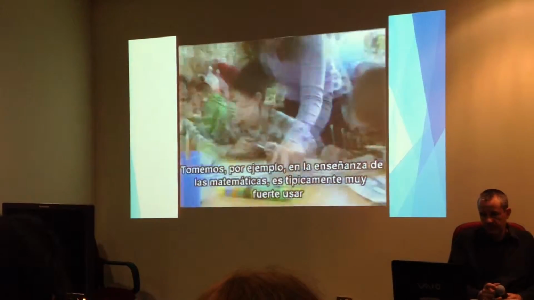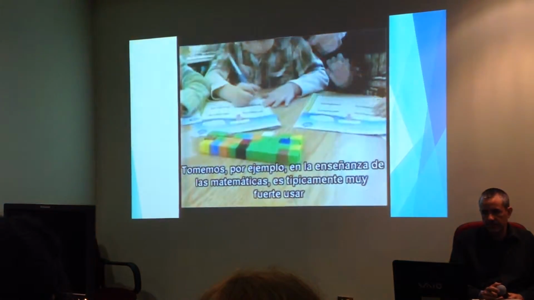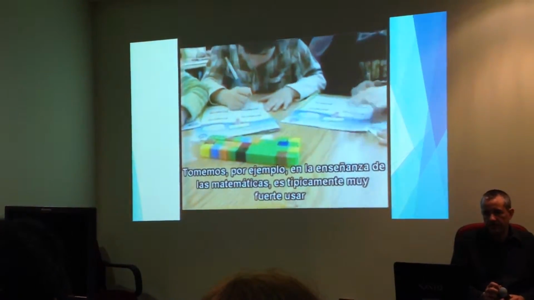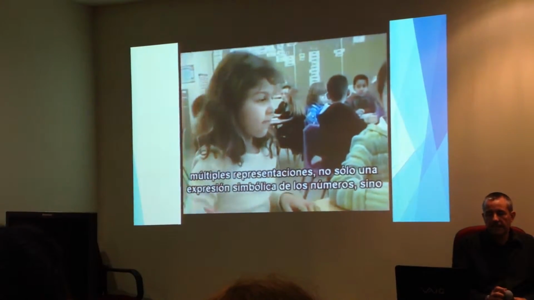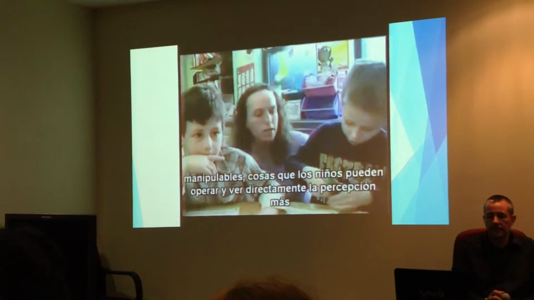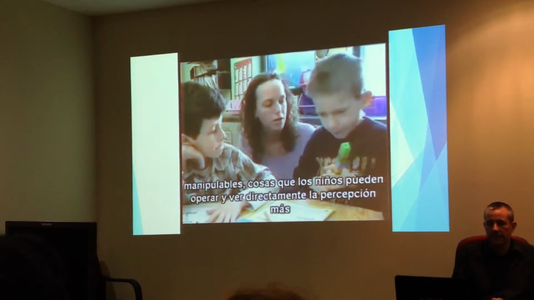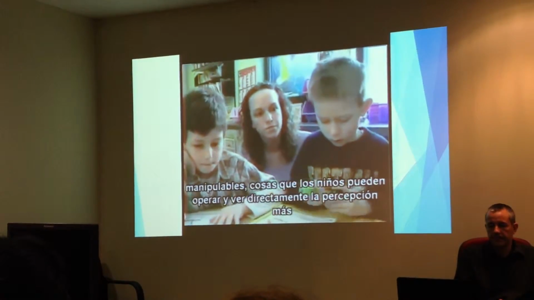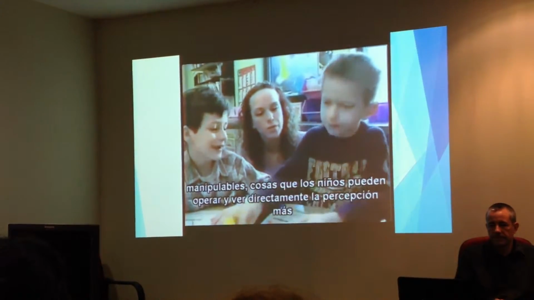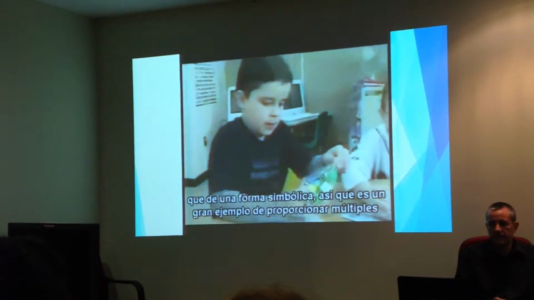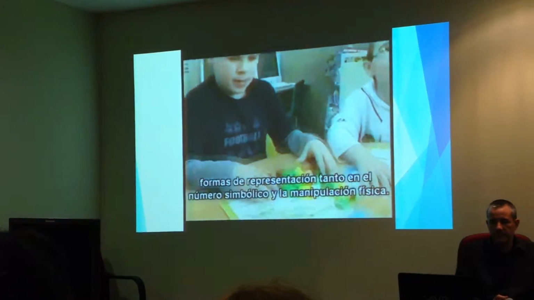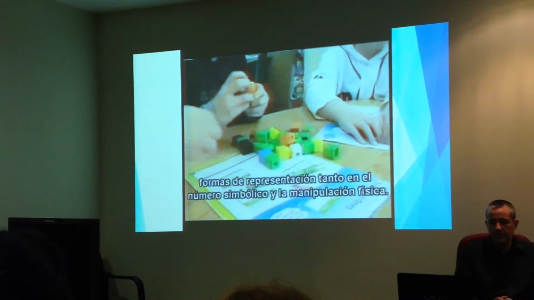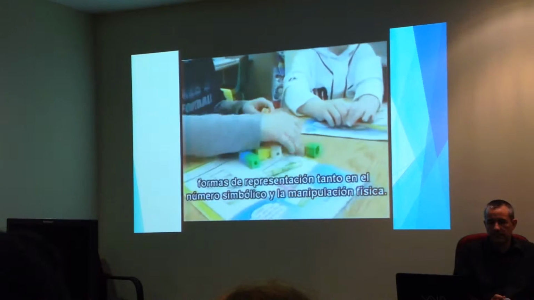Take, for example, in teaching mathematics, it's typically very strong to use multiple representations, not just the symbolic expression of the numbers, but manipulables, things that children can operate on and see directly and perceptually, rather than their symbolic form. So that's a great example of providing multiple representation, both the symbolic number and a physical manipulative.